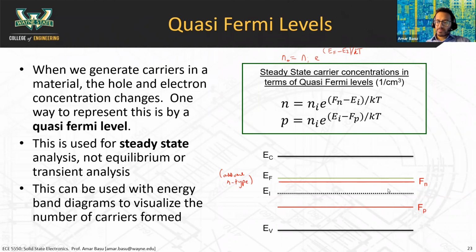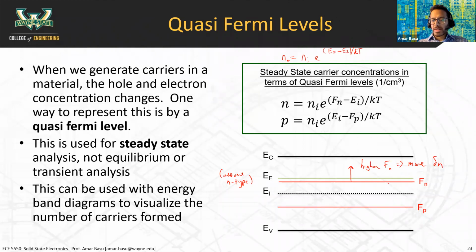The way I like to visualize it is that the higher F sub n goes, that means more sigma n, more excess electrons were generated. So the way I'd move this F sub n up is I would just increase the intensity of the light. That would create more excess electrons, and vice versa is also true.